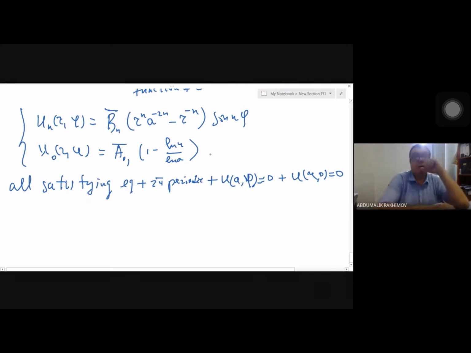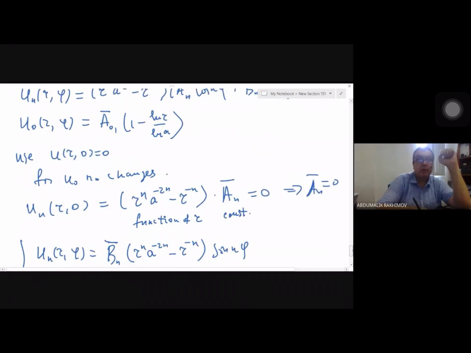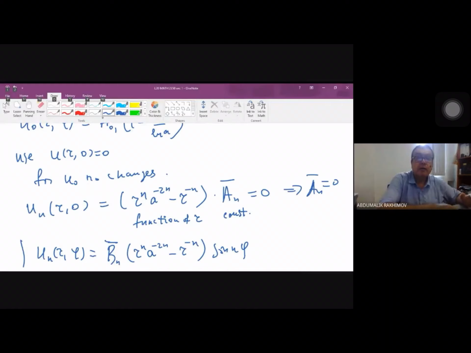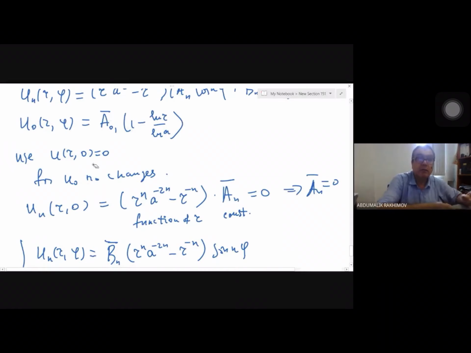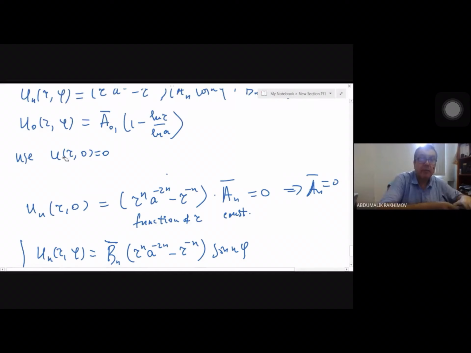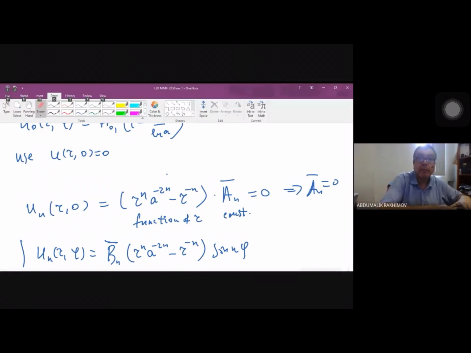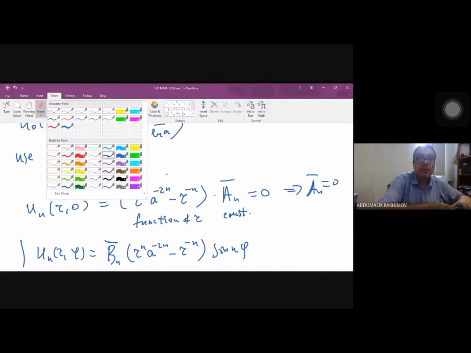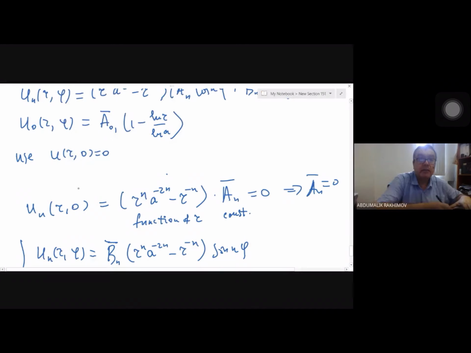Oh, yeah. So u0 is vanishing. Okay, saying u0 has no changes is not correct. We have to check it for u0 also. You see, we don't say u0 no changes. But what will be the condition for u0? It's interesting. I said no changes, but I must find a01.